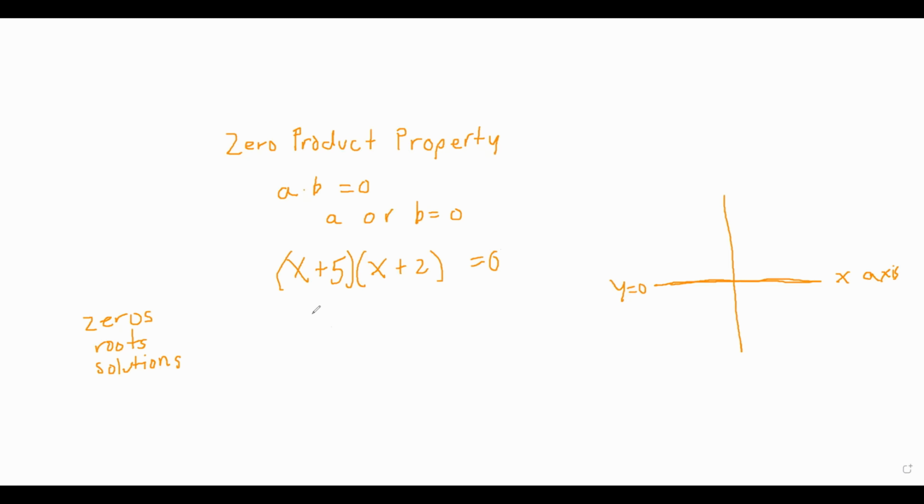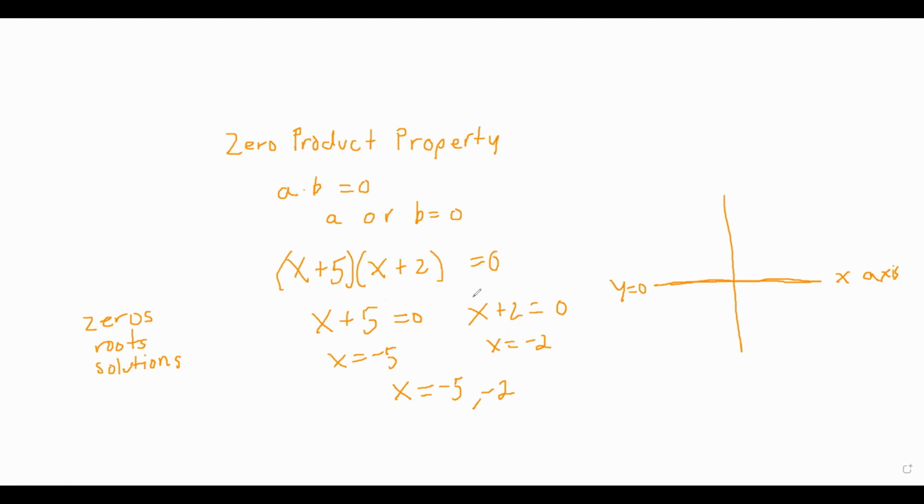We're going to separate these into two different equations. x plus 5 is equal to 0. We subtract 5 from both sides, x is negative 5. And then we'll do the same for the other equation, x plus 2 is 0, so we have x equals negative 2. So for our solutions, we have negative 5 and negative 2.